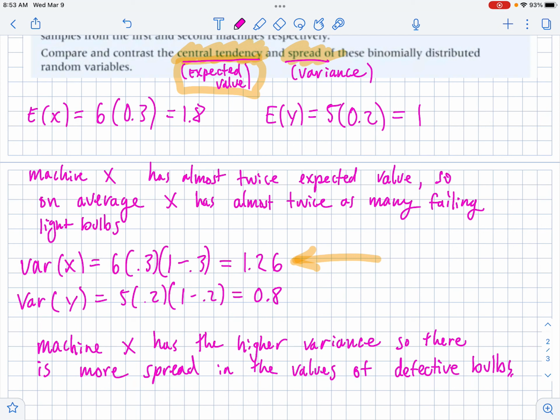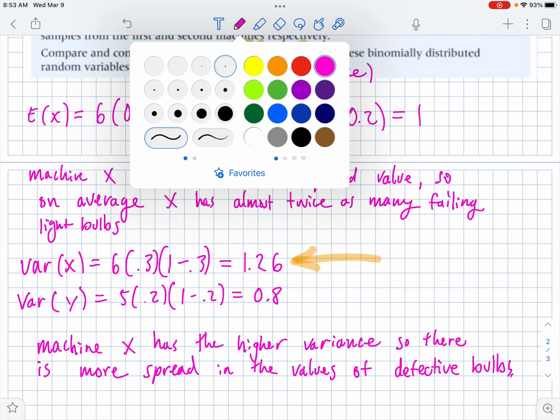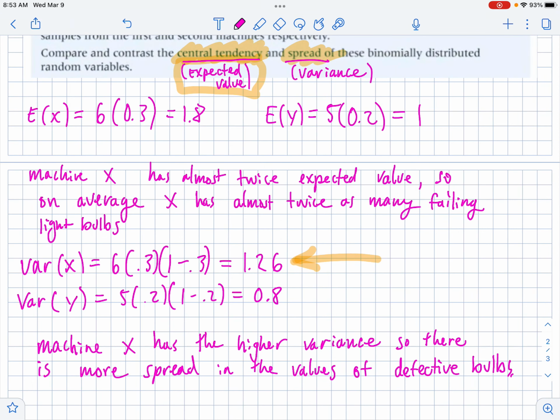So machine X has a higher spread to its data in the number of defective light bulbs. So the number of defective light bulbs is going to be more clustered towards the center with this machine. So let's say this is more clustered. And this guy is more spread out.